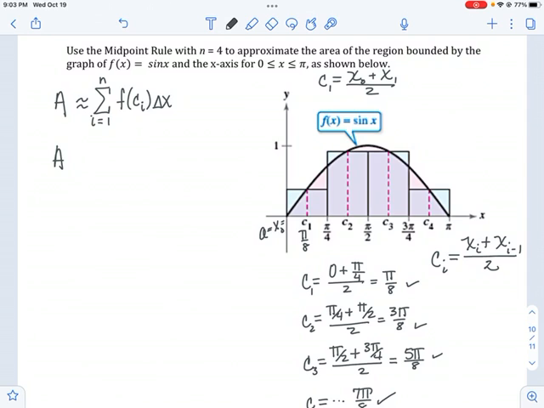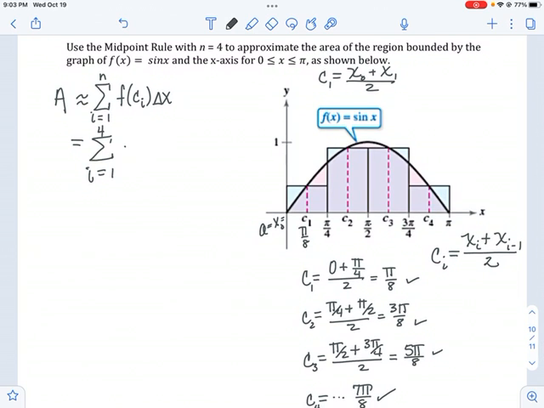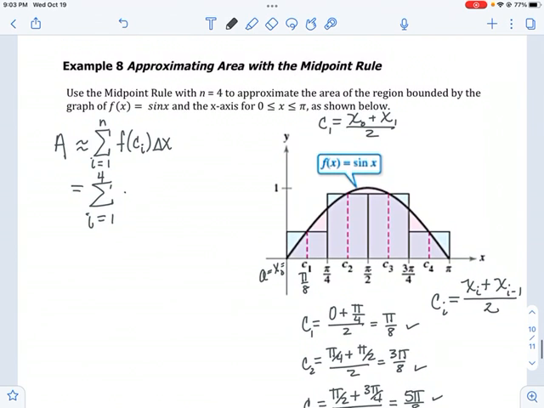All right, so if we have the area is approximately equal to the summation, I'm going to use 4 subintervals for this. So I have i is equal to 1 to 4 of the sine function. So f of x is equal to the sine function. So I'm just going to write sine of x sub i. And oh, I guess I use c sub i in this case, because it's the center of each subinterval.